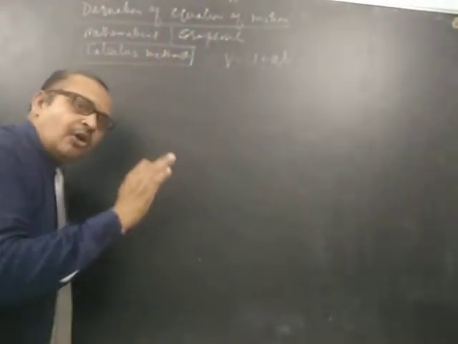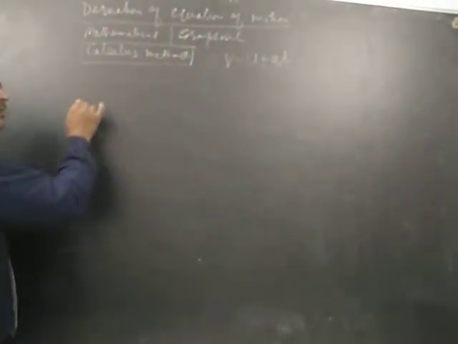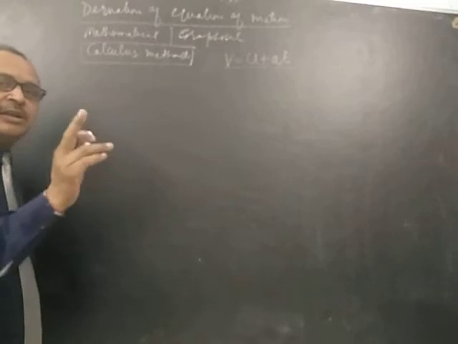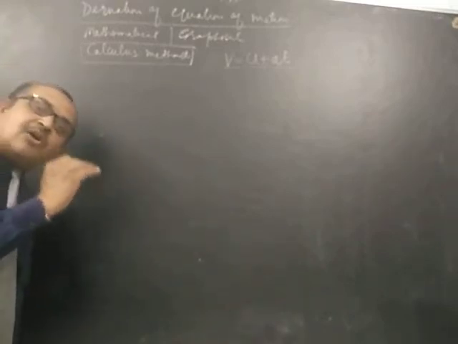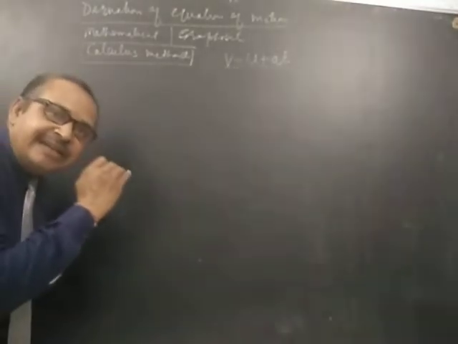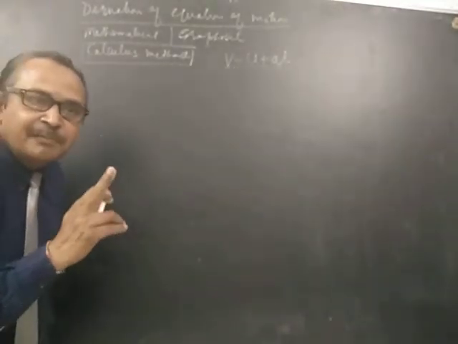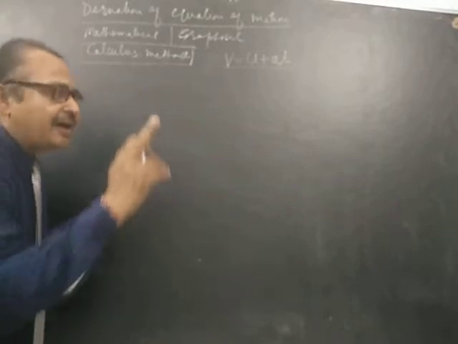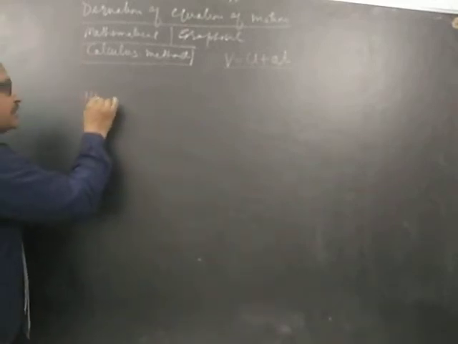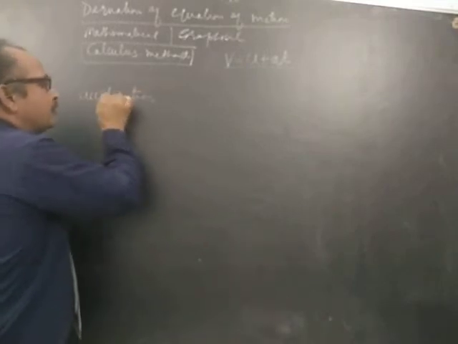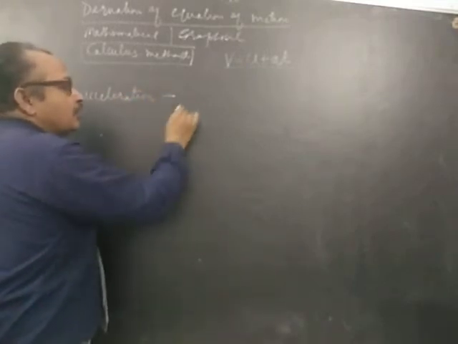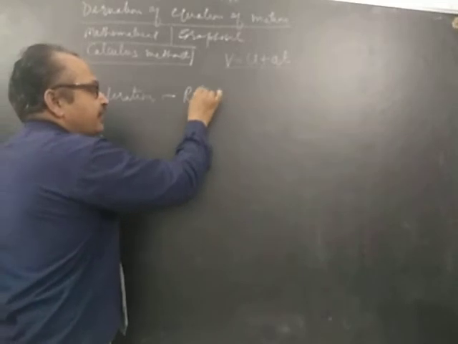So you all know what is acceleration. Not v minus u by t, that is the formula. But according to the definition, what is acceleration? Acceleration is, very good, like good students.